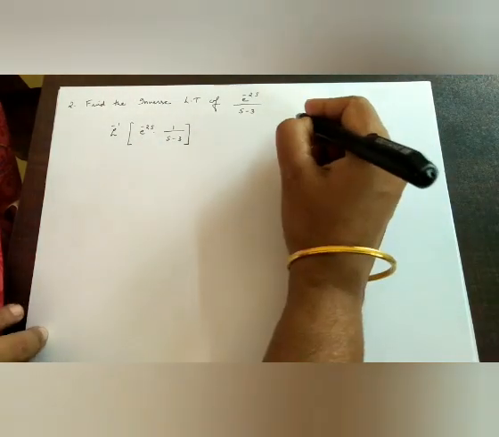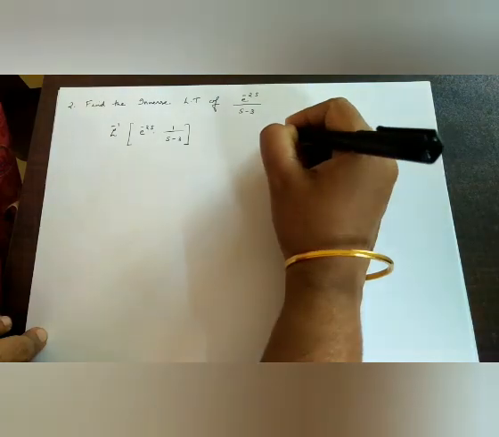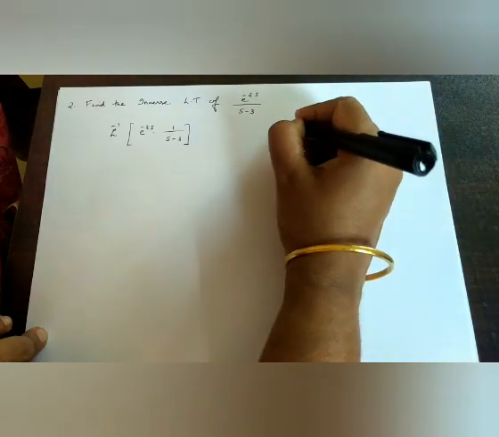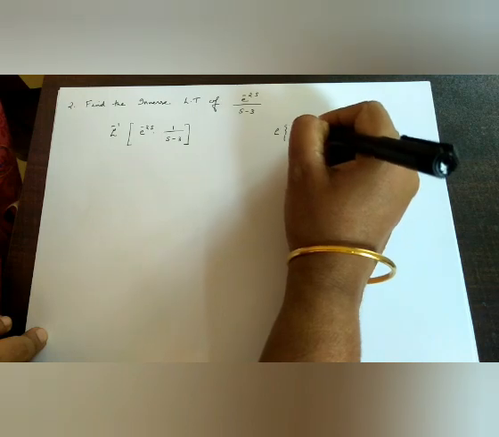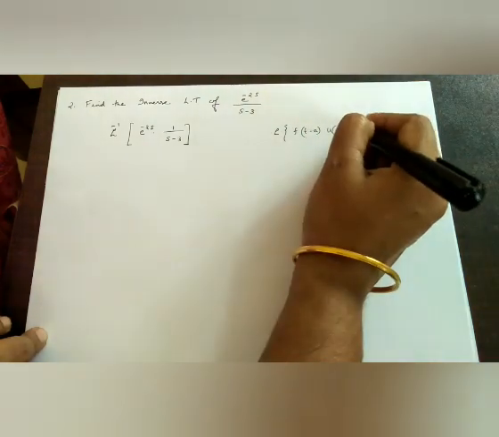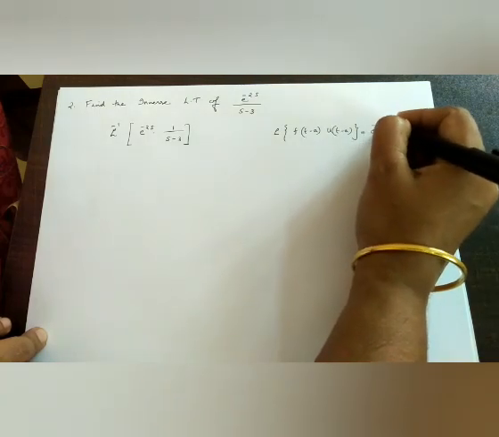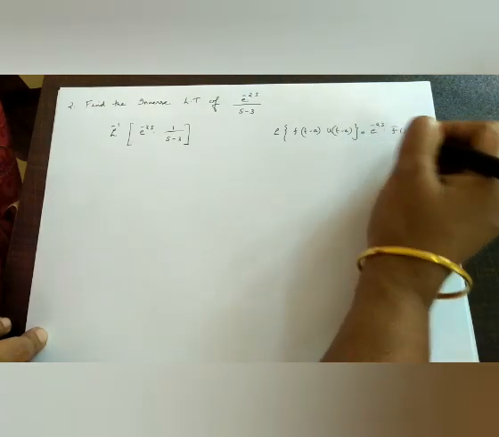Now we know that by using the second shifting theorem, L of f of t minus a u of t minus a is equal to e raised to minus as into f bar s.